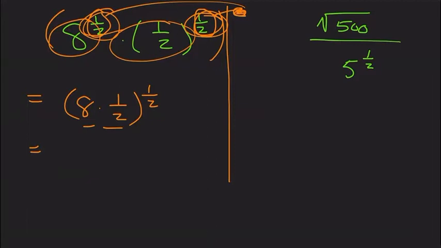That's just 1/2 of 8, which is 4. If you wanted to set that up properly, to be thorough with it, you say, okay, 8 is the same thing as 8 over 1. When you multiply fractions, multiply straight across. 8 times 1 is 8. 1 times 2 is 2. 8 divided by 2 gives us 4. Or like we said, you can just think of it as 1/2 of 8, which is 4.